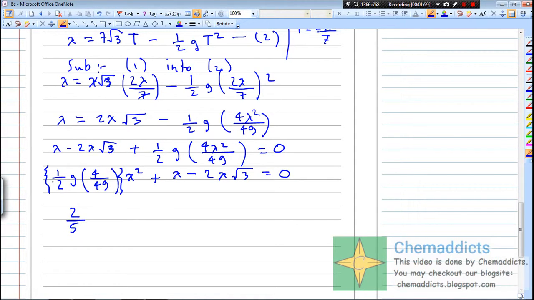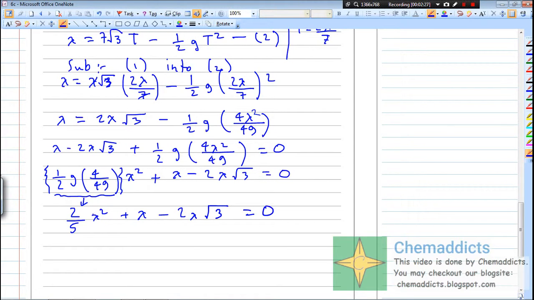So the value for this part only is 2 by 5 lambda square plus lambda, minus 2 lambda root 3 equals to 0.